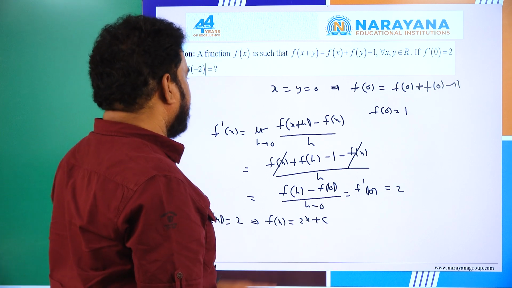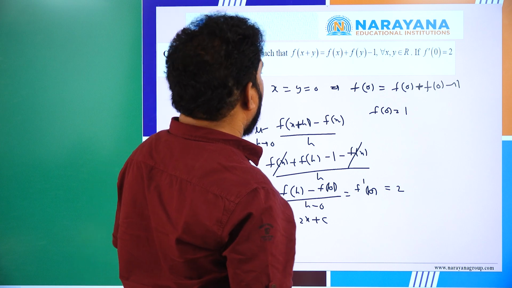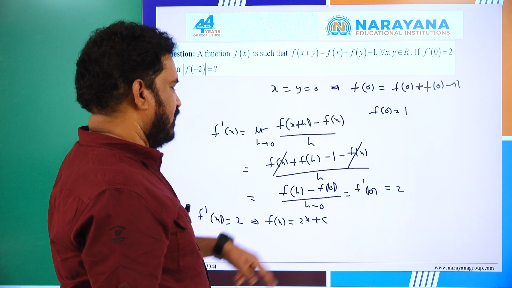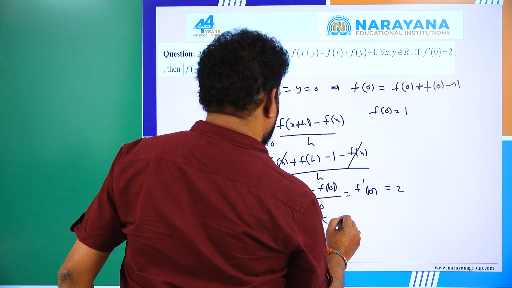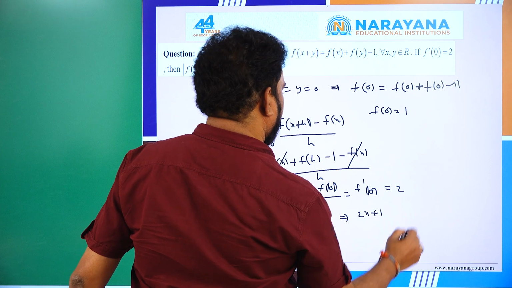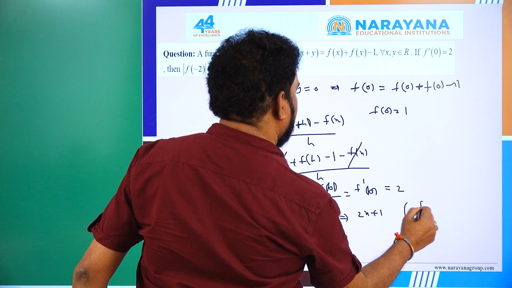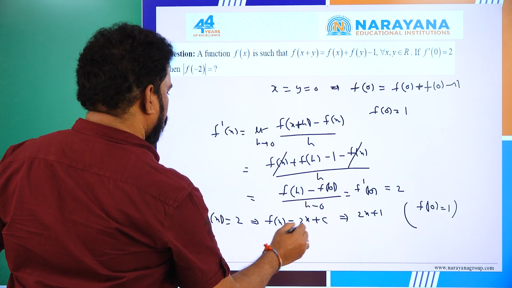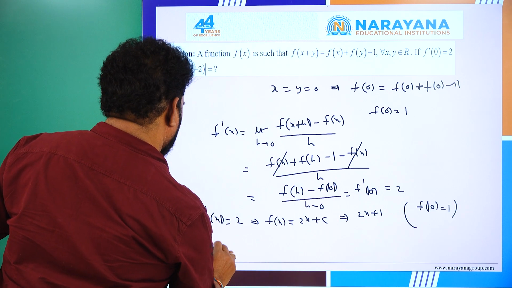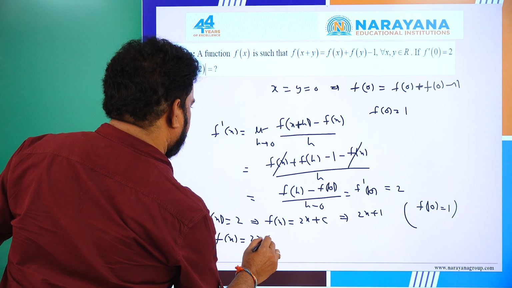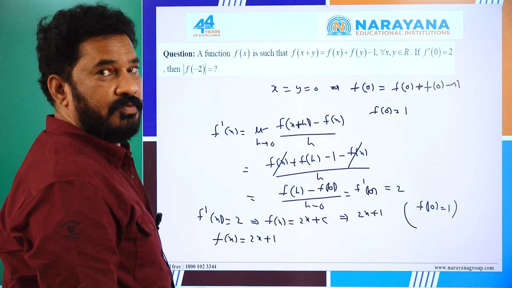Okay, so to get the c value, we got f of 0 is equal to 1, then c is equal to 1. So this implies 2x plus 1, since f of 0 is equal to 1, right? So we got f of x equal to 2x plus 1, fine.